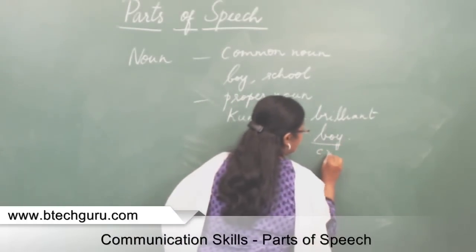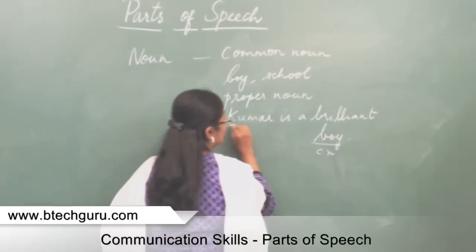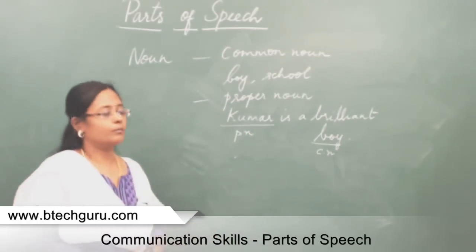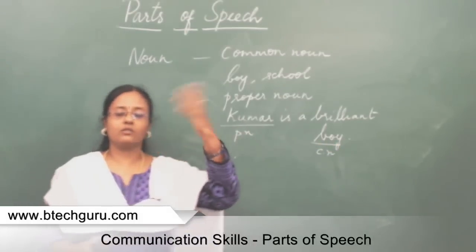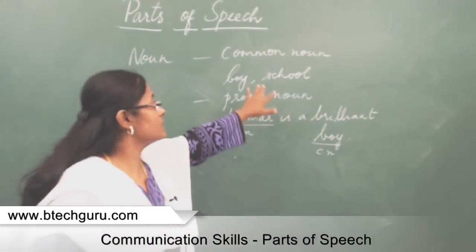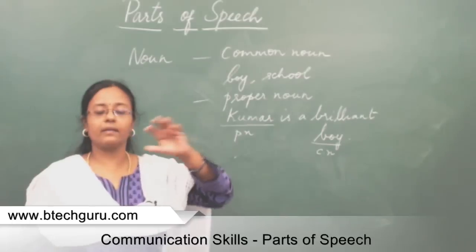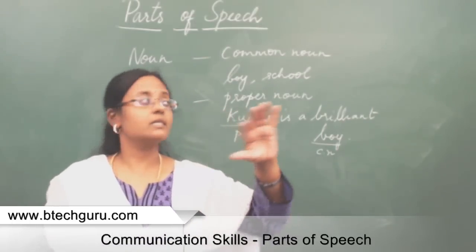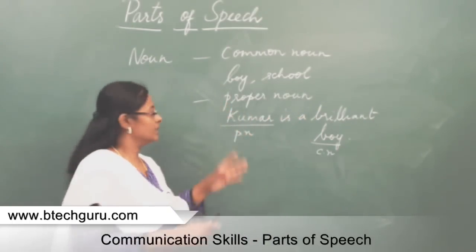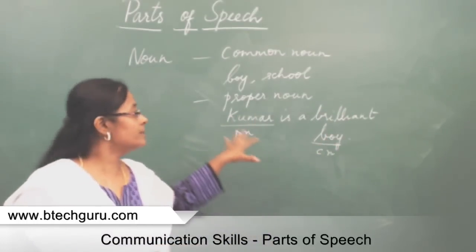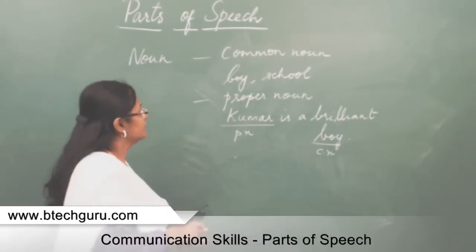Boy is the common noun. Kumar is the proper noun. Boy refers to any boy. Similarly, school can be any school. But if you say the name of a school, then it is a proper noun. Kumar means you talk about that particular person called Kumar.